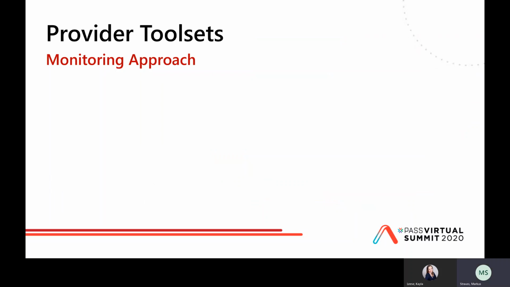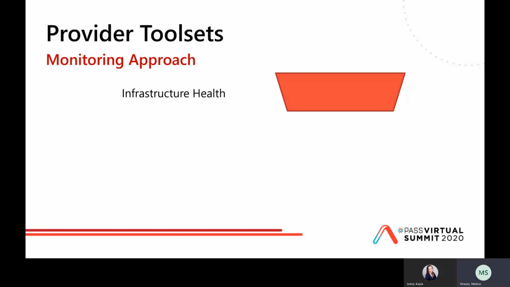One other challenge that we have with provider toolsets, and that's not necessarily just limited to the provider toolsets, that's a general problem we see across a lot of the monitoring space, is the monitoring approach. The monitoring happens very traditionally from the bottom up. We start with the infrastructure health.